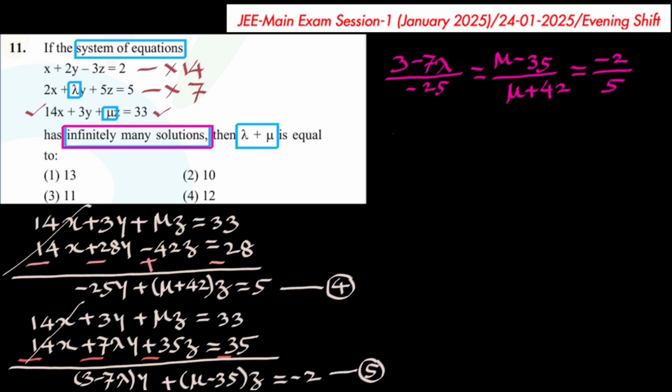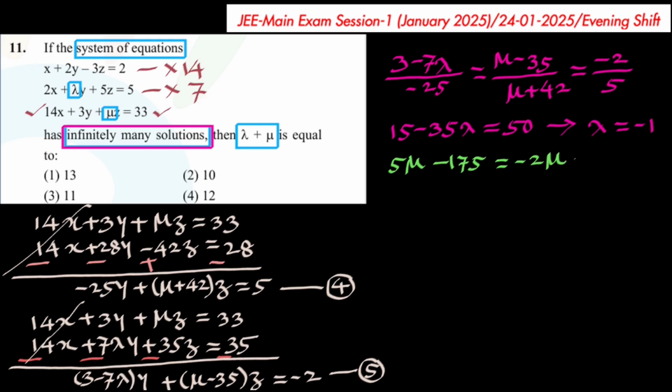By cross multiplication, 15 minus 35 lambda equals 50 gives lambda equals minus 1, and again by cross multiplication, 5 mu minus 175 equals minus 2 mu minus 84 gives mu equals 13. Now we have to find lambda plus mu, minus 1 plus 13, 12. Hence the correct answer option here is 4, 12.